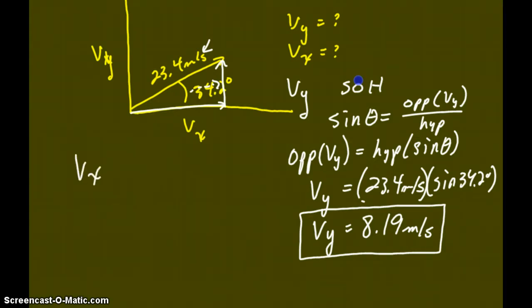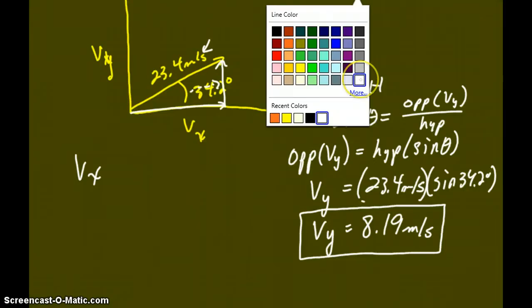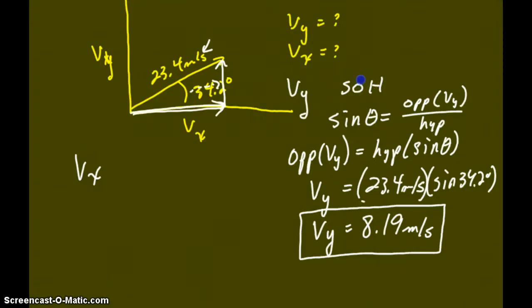Velocity in the X direction. Okay, now velocity in the X direction, that is going to be right here. And let's use Pythagoras. He doesn't get enough love in this class. So we're going to say that that side, we'll call it B, is equal to the square root of C squared minus A squared.